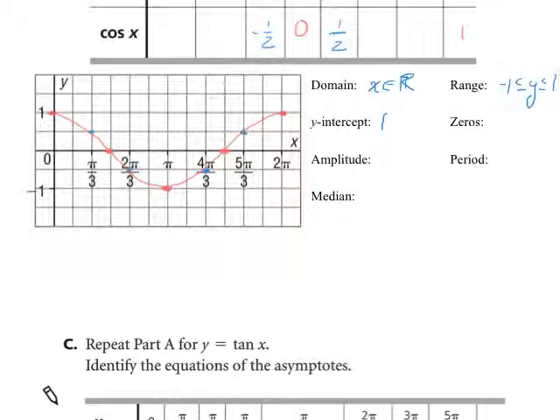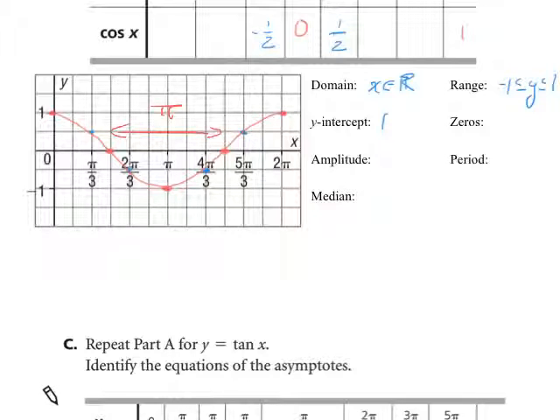The zeros are also different, so as we look at these points, we'll see here's our first 0, which was at pi by 2. Our next one was at 3 pi by 2. And so looking at the distance between these two, that distance was pi radians.